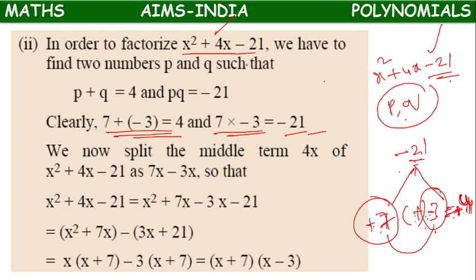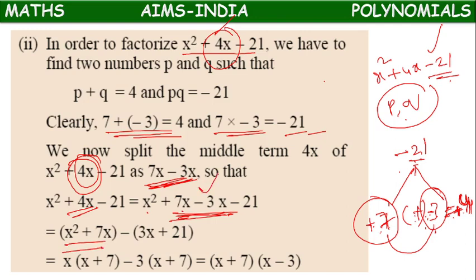Now we will split 4x into plus 7x minus 3x. In the place of 4x, we will keep 7x minus 3x. Next, first two terms, one group. Next two terms, for this also we have minus. For the third term and fourth term, we have minus.